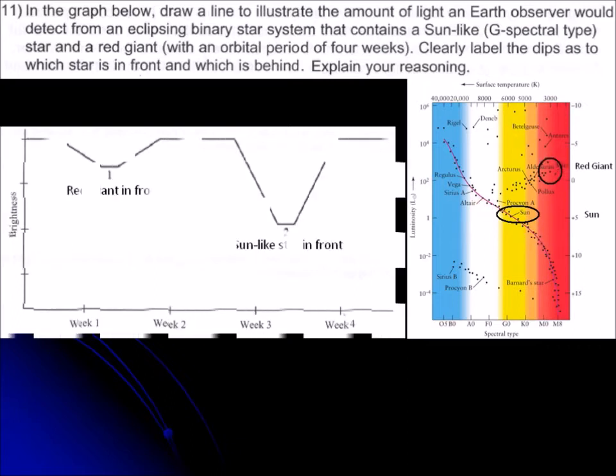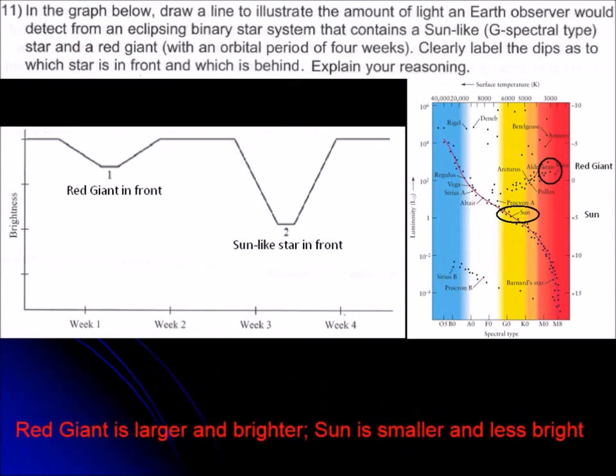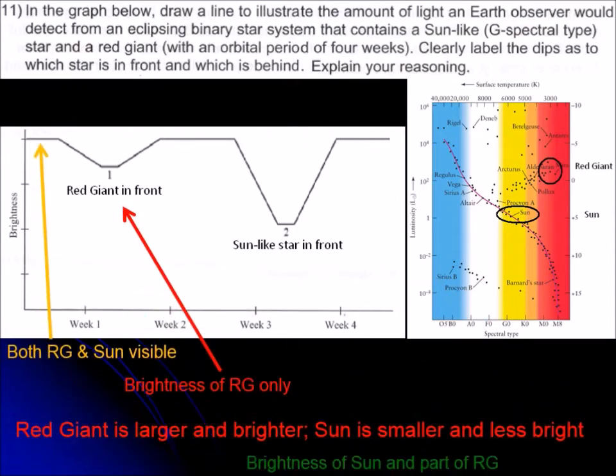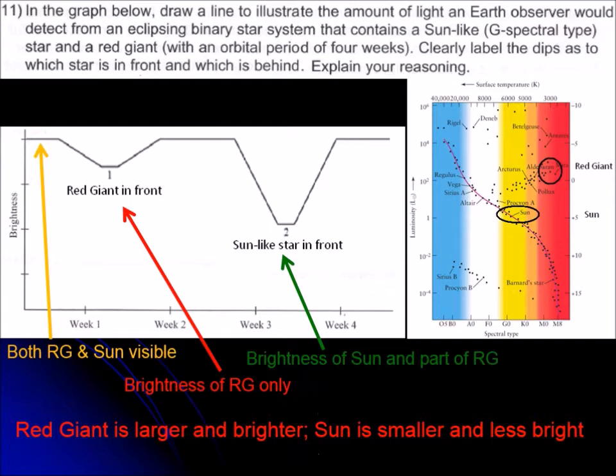So we're going to have the typical curve with 2 dips, and our role is to identify which dip corresponds to what situation. All these 3 flat regions are where we get to see the 2 stars side by side.